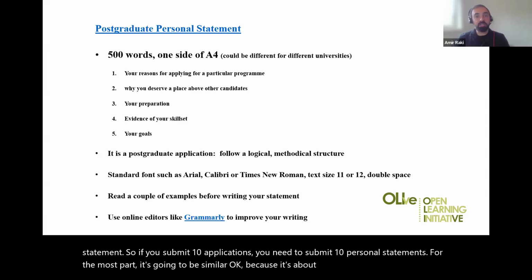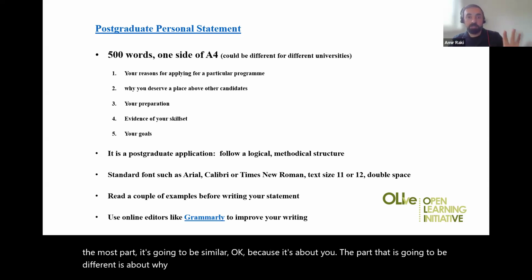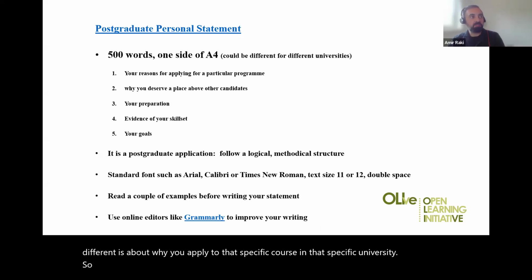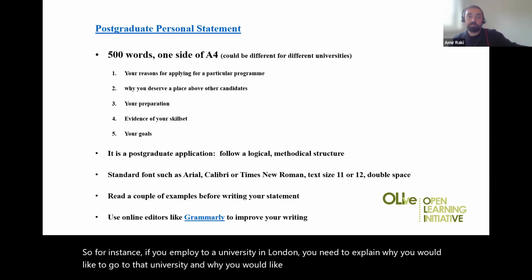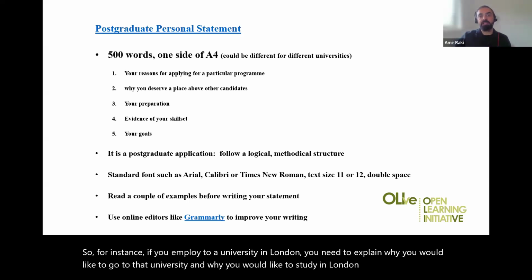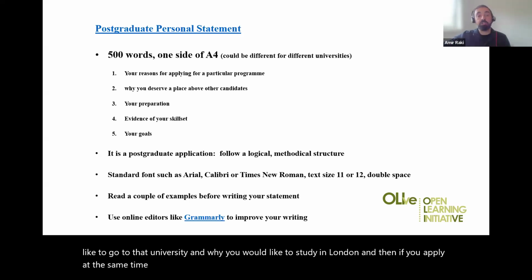But the part that is going to be different is about why you apply to that specific course in that specific university. So for instance, if you apply to a university in London, you need to explain why you would like to go to that university and why you would like to study in London. And then if you apply at the same time to a university in Bristol, you need to write about why you would like to go to that university and why you would like to study in Bristol.